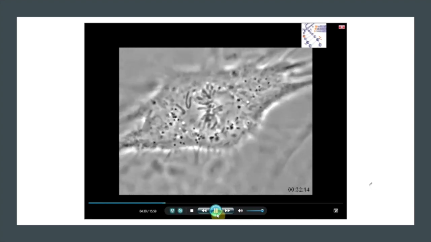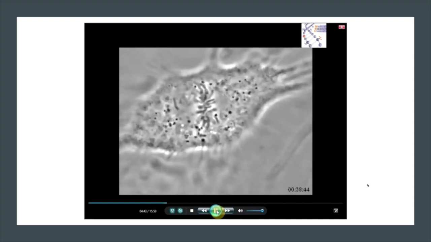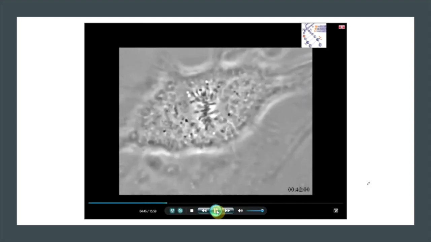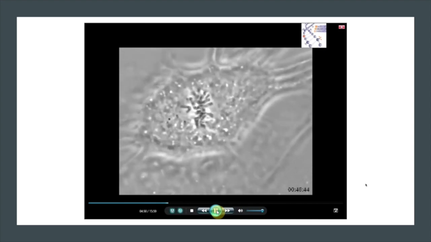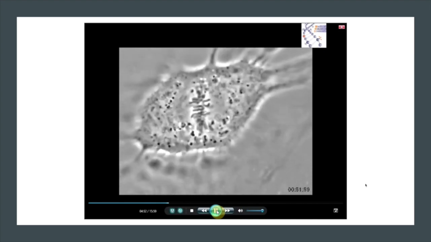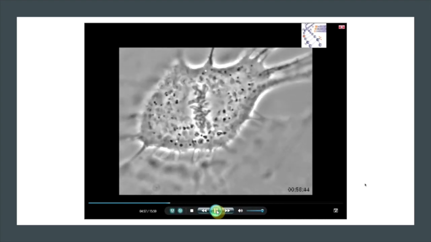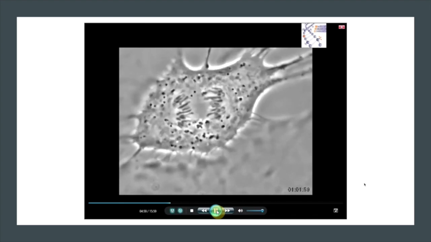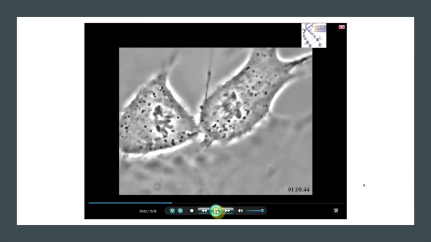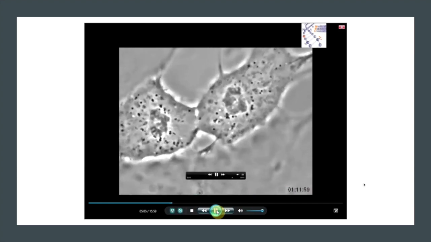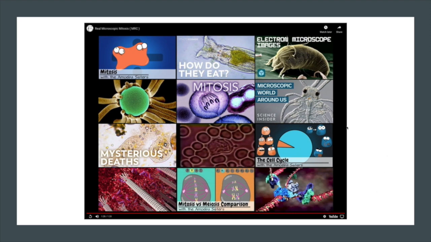What's amazing is once they line up on the plate, how quickly anaphase occurs. So there's your metaphase plate. Anaphase, telophase, cytokinesis. And so now these two cells, look at how the chromosomes decondensed at the end there.